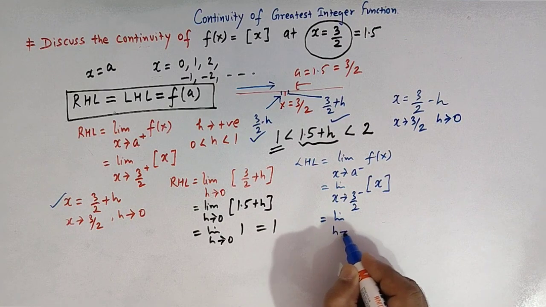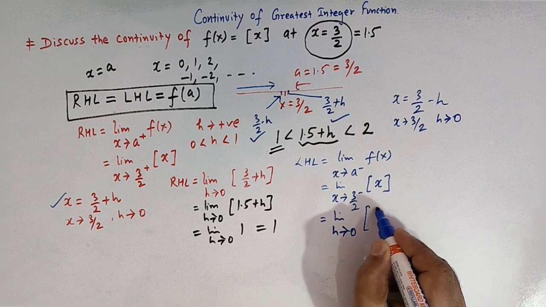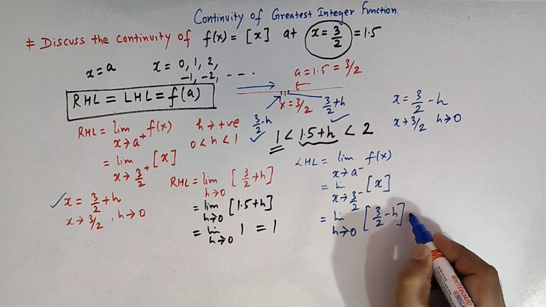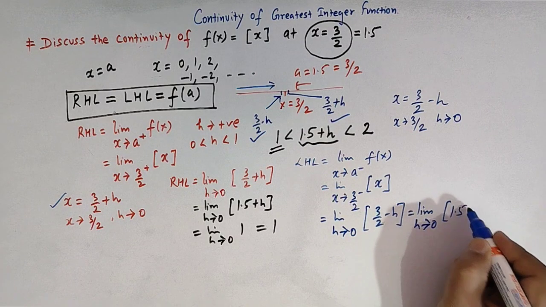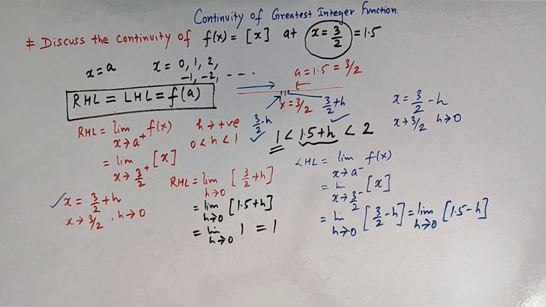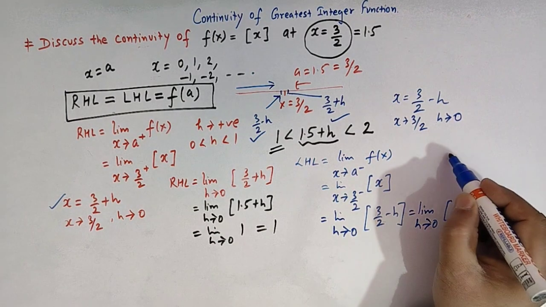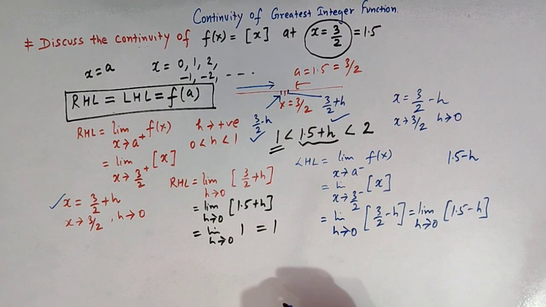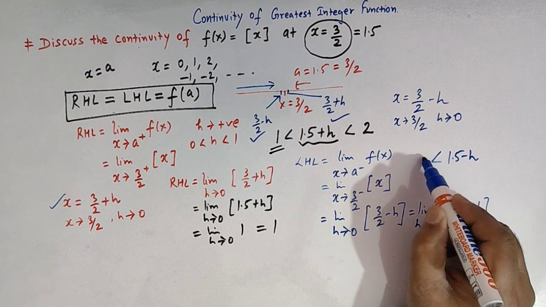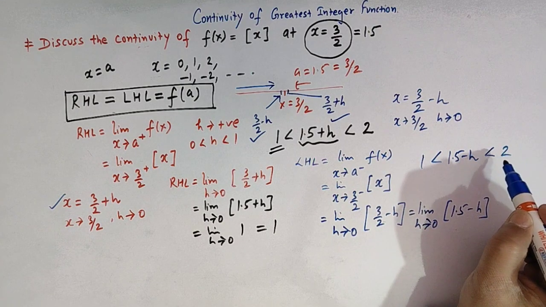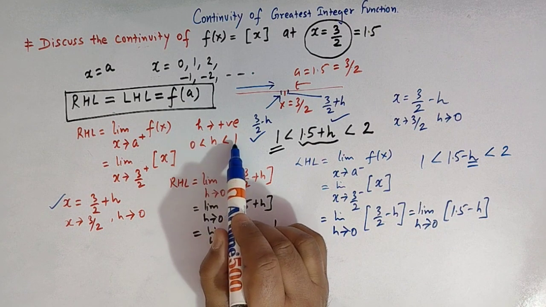Now we can write this limit in terms of h. We have the limit h tends to 0 of the greatest integer of 3 by 2 minus h, which is the limit h tends to 0 of the greatest integer of 1.5 minus h. Now this quantity, 1.5 minus h, is greater than 1 but less than 2, because h is positive and h lies between 0 and 1.